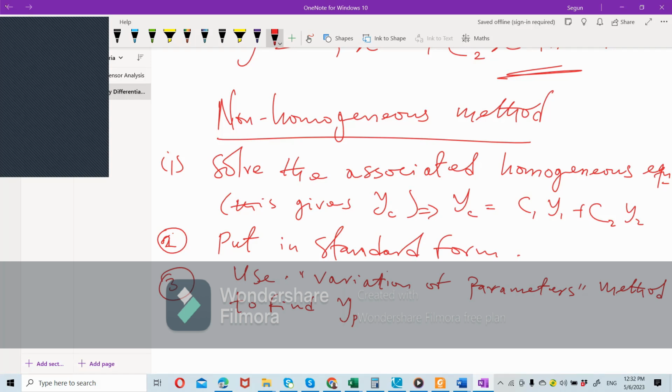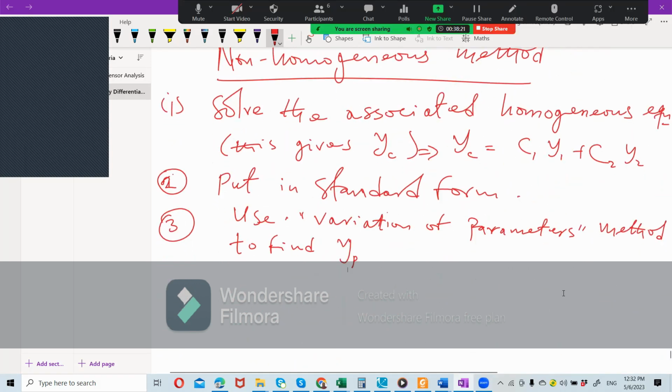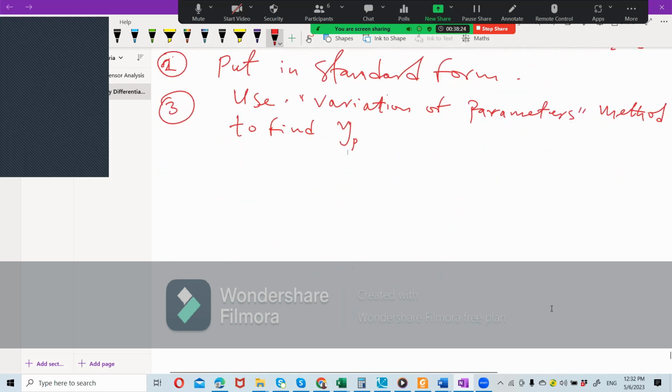While you are trying to use variation of parameters, there's a method we call Cauchy-Euler.